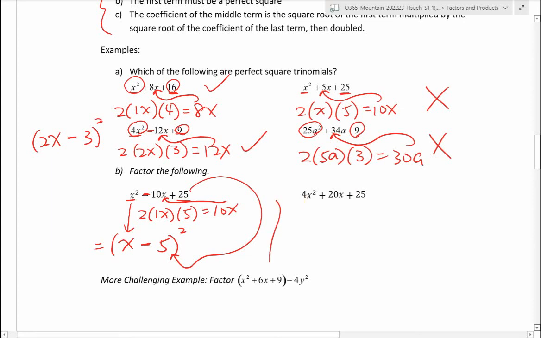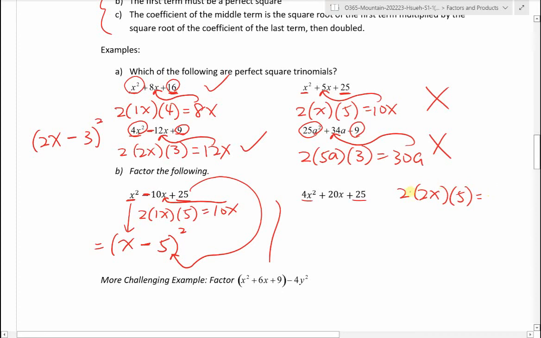Similarly, this next example here, the square root of 4x squared is 2x. I'm going to multiply that by the 2. The square root of 25 is a 5. Again, I can check whether this is a perfect square or not by multiplying 2 with the square root of the first term and the square root of the last term. Because I noticed that both the first and last terms are perfect squares, I can try it, right?